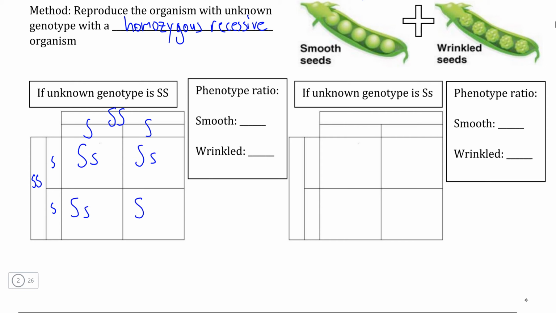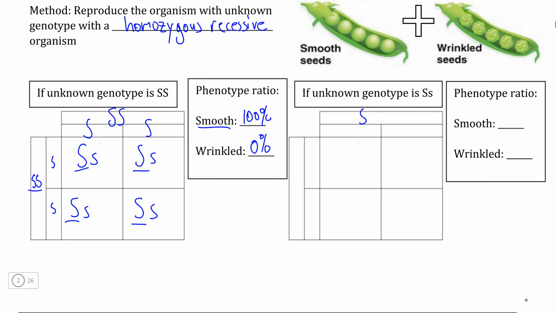So we can see in this case, because this is exactly what Mendel saw in the very first experiment, 100% of the offspring from this pairing would have smooth seeds, because every single one of them contains the dominant allele, and therefore we would see 0 offspring with the recessive phenotype.